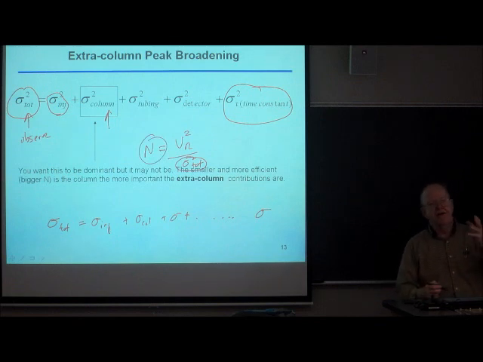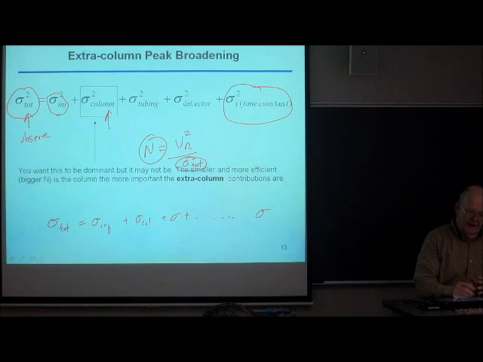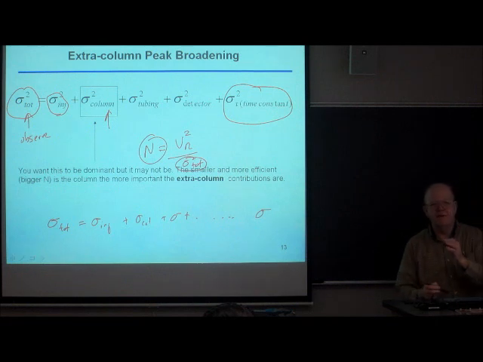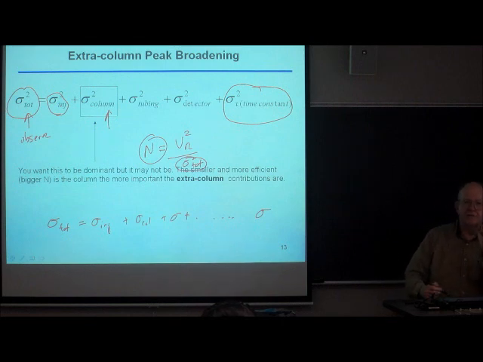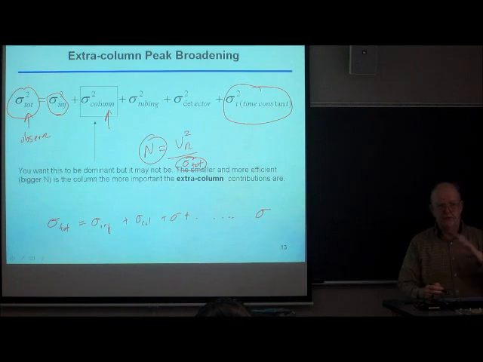But at least, because you're adding the squares, you don't have to be completely and totally paranoid and make all of these other things minuscule. They simply have to be small compared to what the column contributes. That's the big picture. Now we've got to get into the microscopics of it and see how these things relate to the physical parameters of the injector and the detector today.